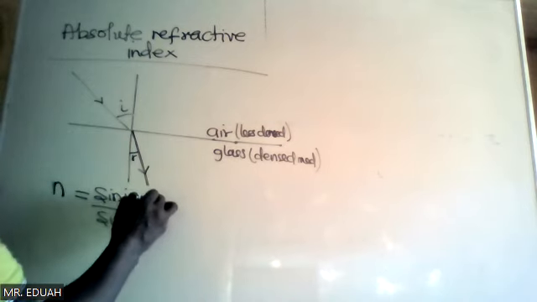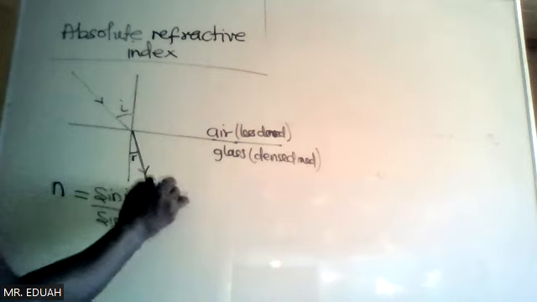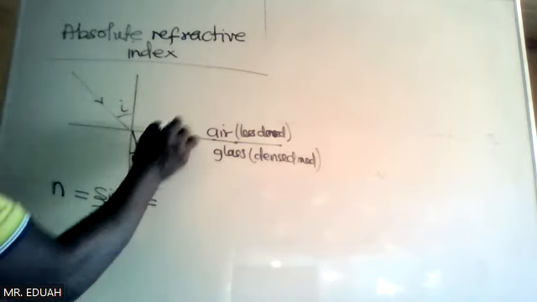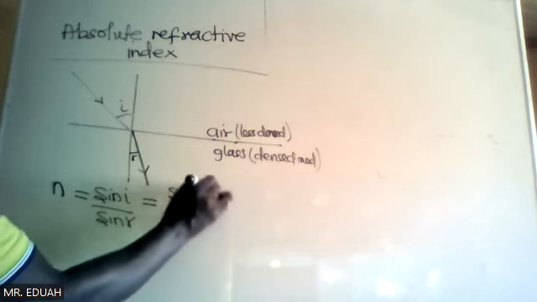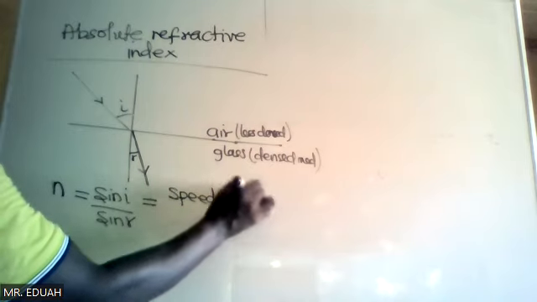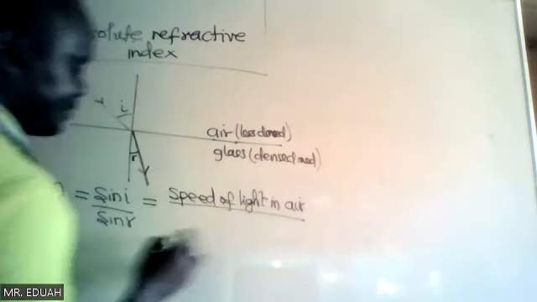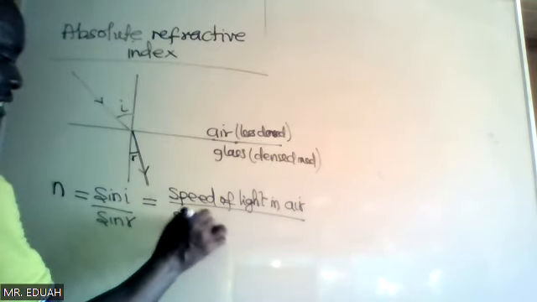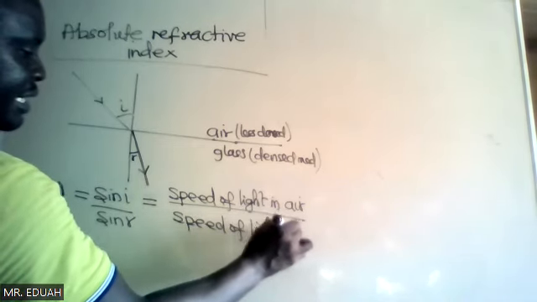Now we can also express the same refractive index, this time in terms of speed. When light is moving from air to glass, the speed of light in air is greater than the speed of light in the medium. So speed of light in air over speed of light in glass.